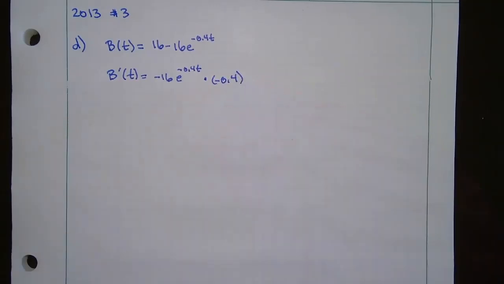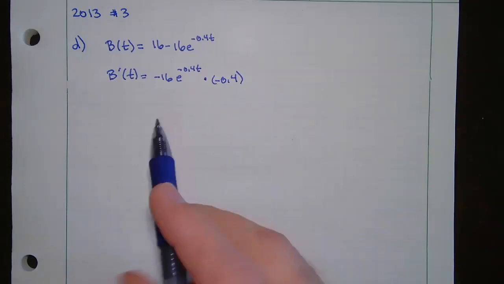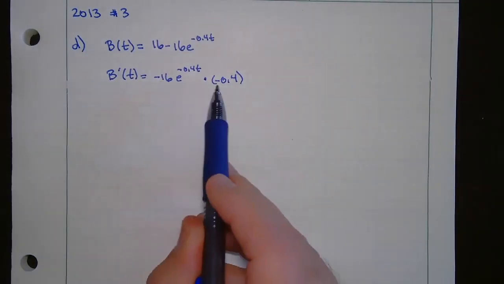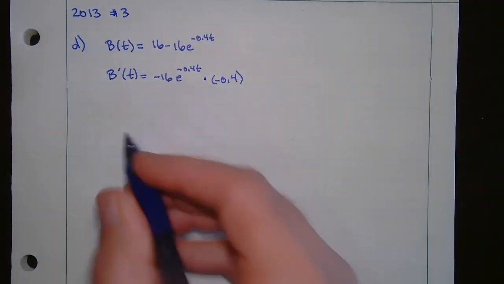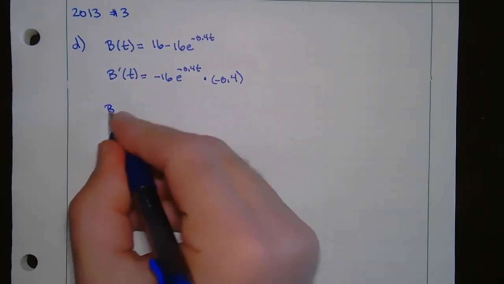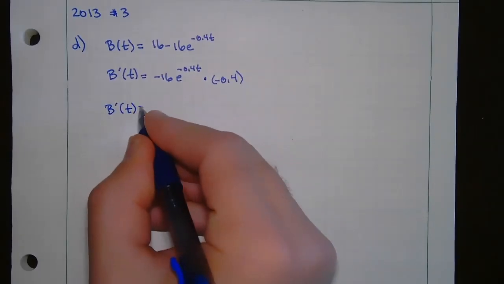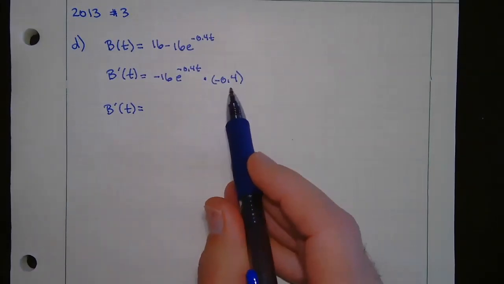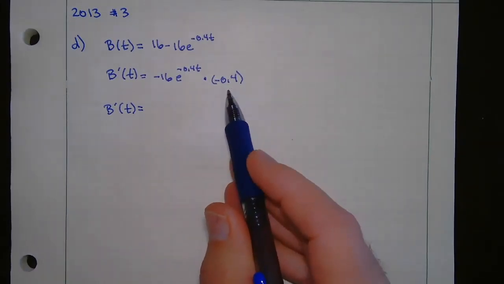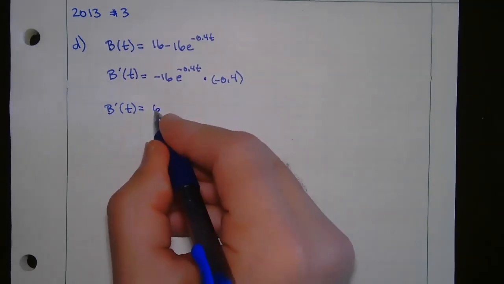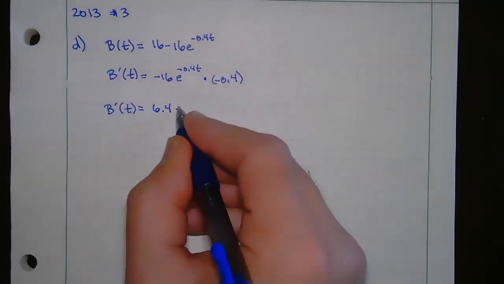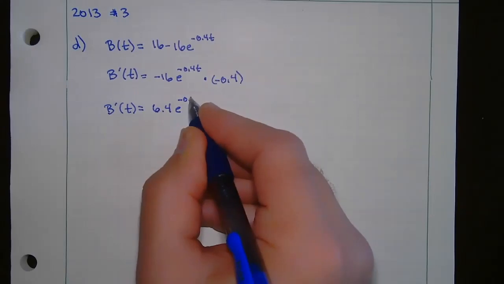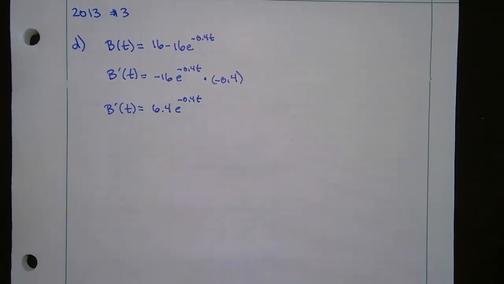When we multiply, we get a positive. So b prime of t is equal to, 4 times 16 is 64, and it's 0.4, not 4, so that's 6.4. So b prime of t equals 6.4 e to the negative 0.4t.